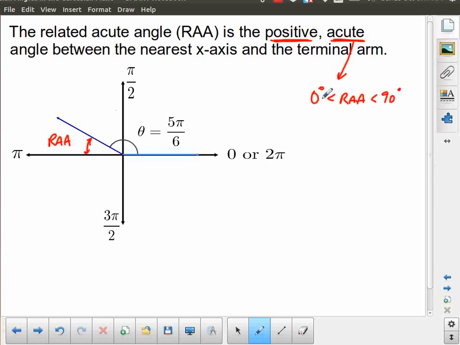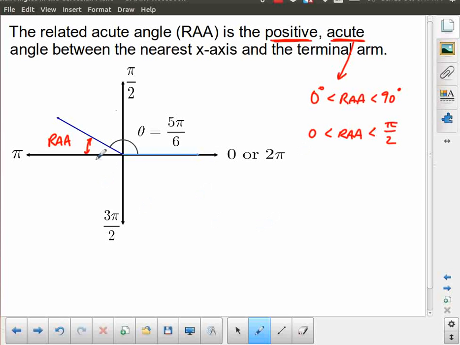These are positive numbers between 0 and 90. In radians, that means that 0 radians is less than the related acute angle, which is less than pi over 2. So that's something to keep in mind when you're coming up with these. The related acute angle is always positive and it's always an acute angle.